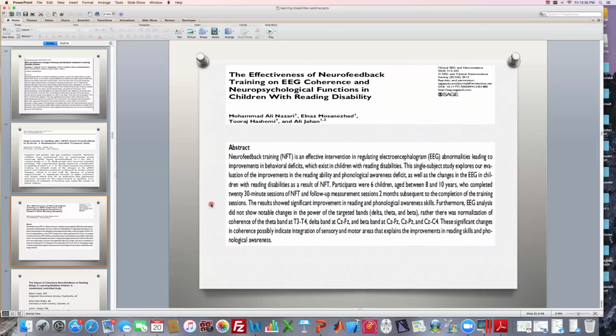They measured improvement in reading and phonological awareness skills, and they were able to show, based on their EEG analysis, that there was what they called a normalization of coherence in different bands as a result of the training, which led some, including us, to postulate that if you work directly with coherence, you might be able to improve those aspects even more so.